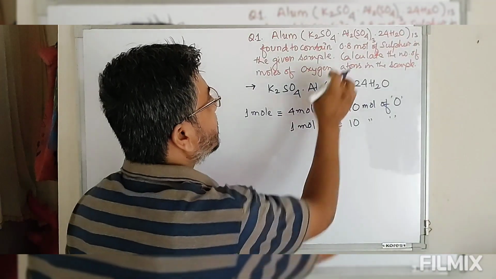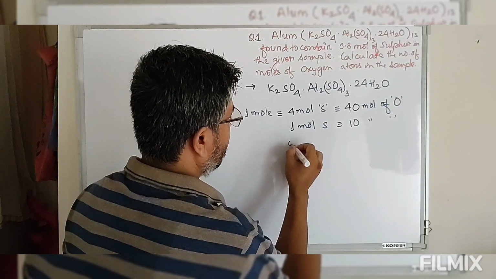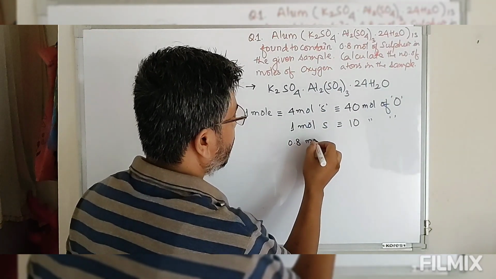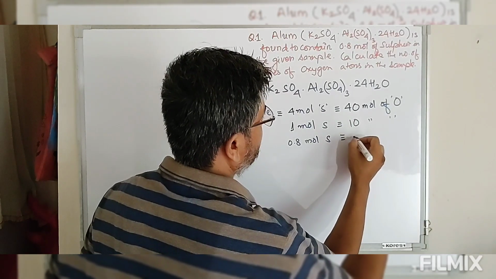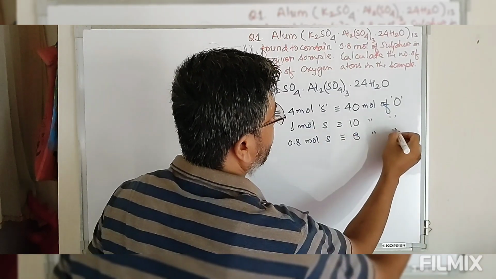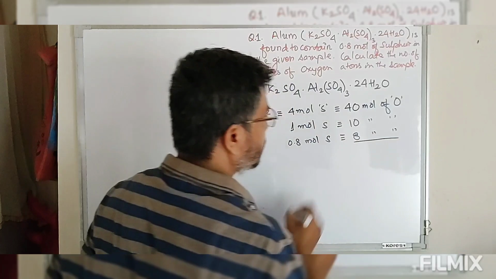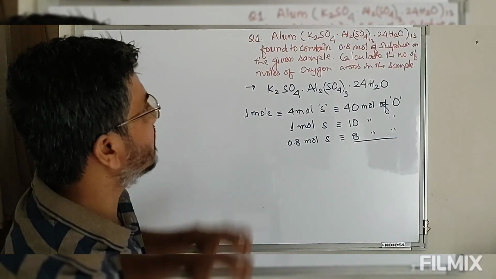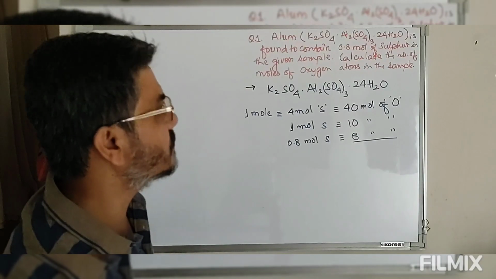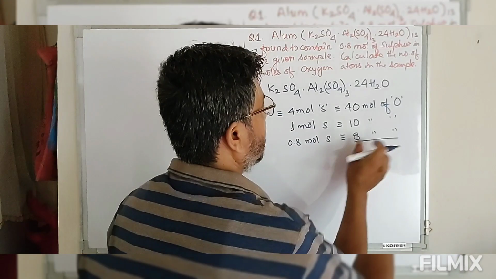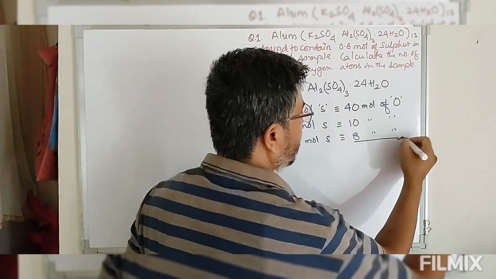Now the sample contains 0.8 mole, so therefore 0.8 mole of sulfur will correspond to 8 mole of oxygen. So the number of moles of oxygen present in the given sample which contains 0.8 mole of sulfur is 8 mole.